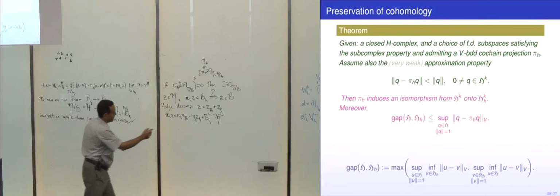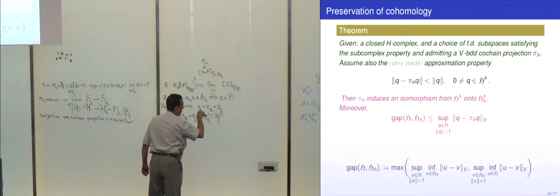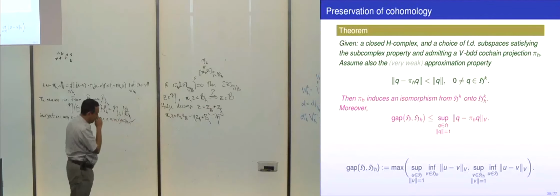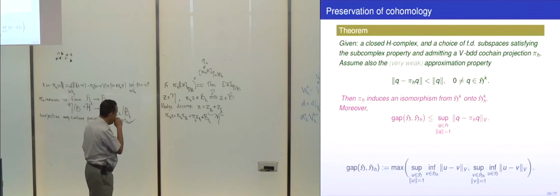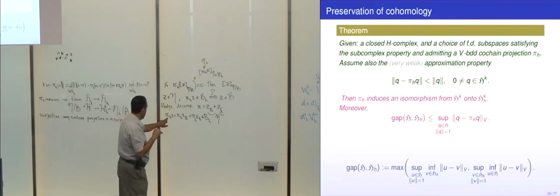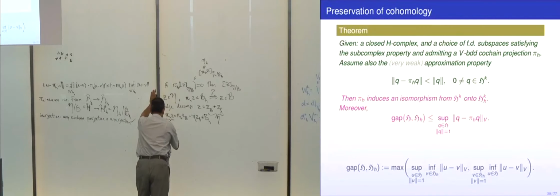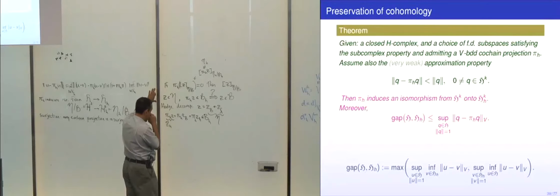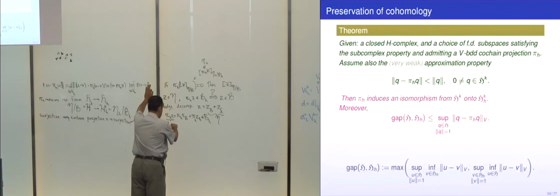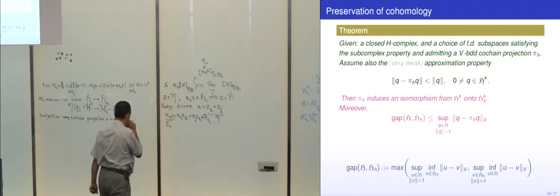We're trying to show that this ZH vanishes, so that Z is actually in B, that the harmonic part of Z is actually 0. Okay, so now let's see, pi h of ZH is in ZH, and what's going to be my argument here?